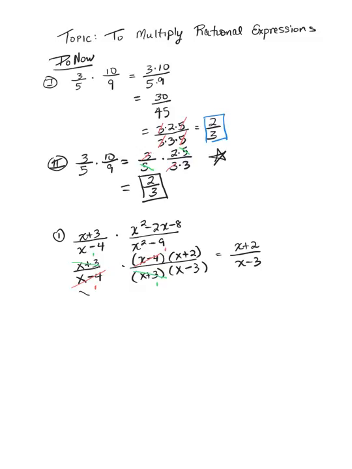At this step here, we should write the restrictions of the variable, and the restrictions for this variable x, if all of those denominators are 0, is that x cannot equal 4, -3, or 3. And that is true for the final answer.